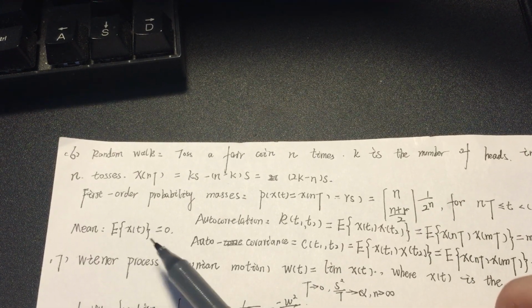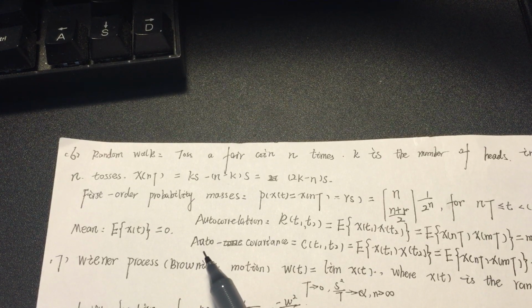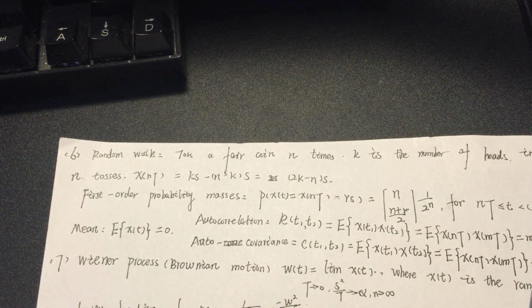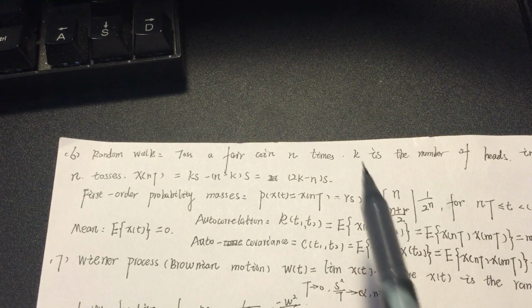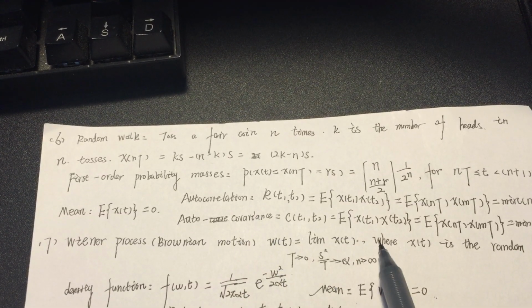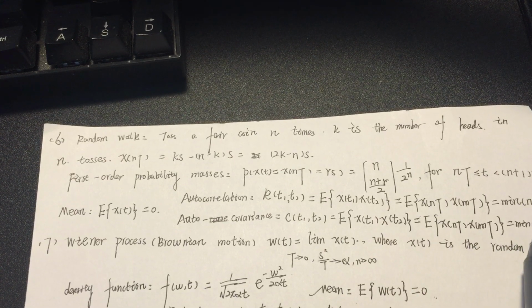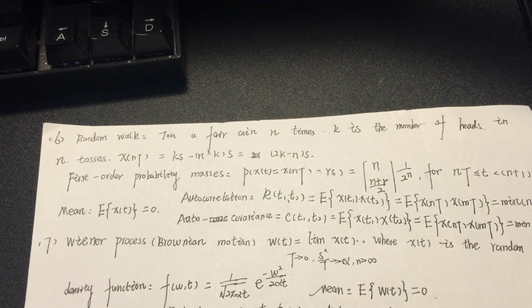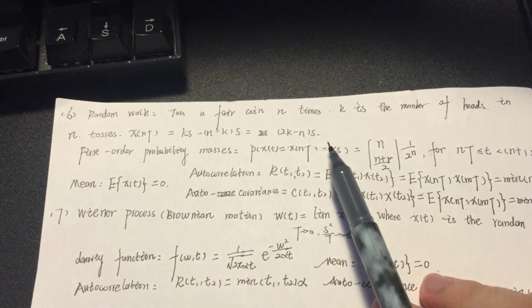The mean equals 0, and the autocorrelation is the minimum of n and m multiplied by s squared. The autocovariance equals the minimum of n and m multiplied by s squared.